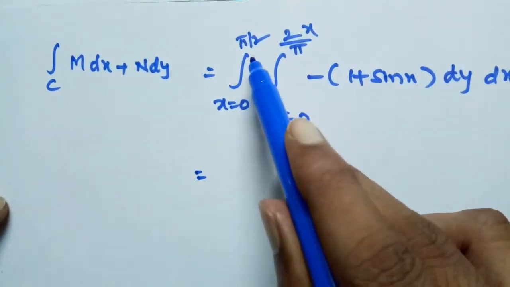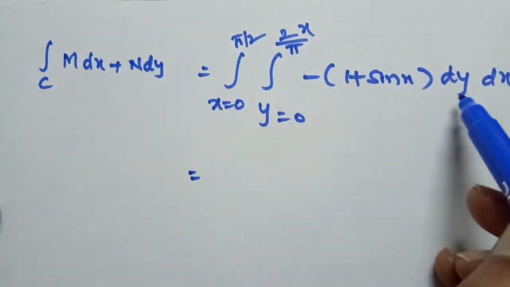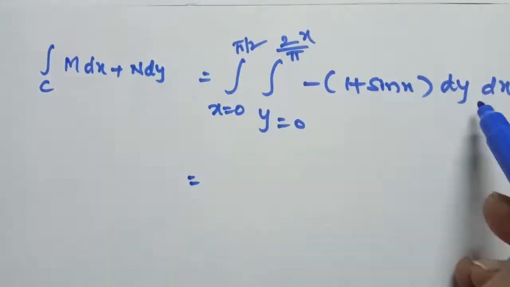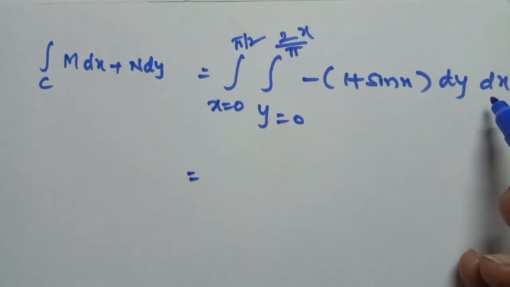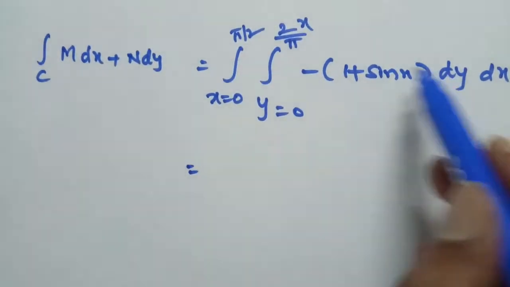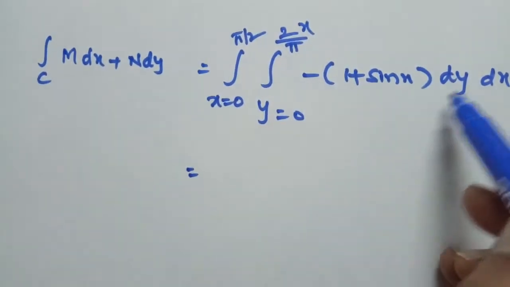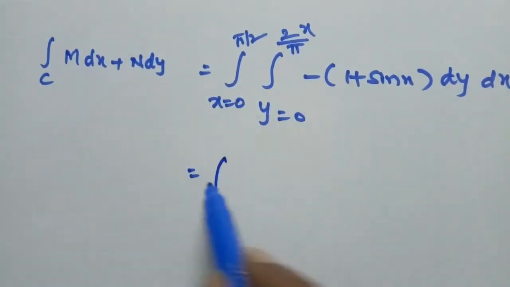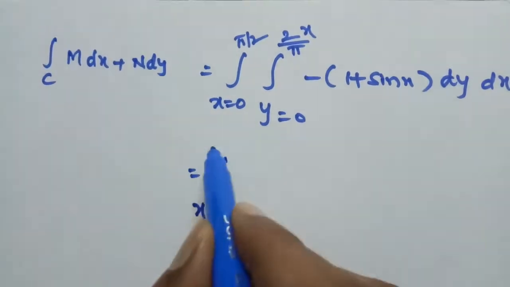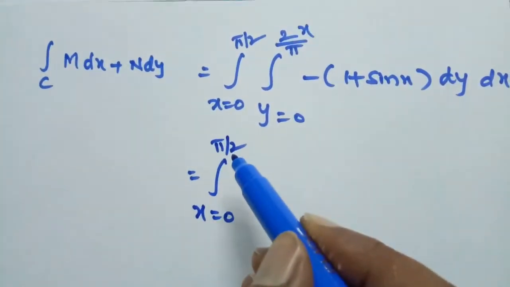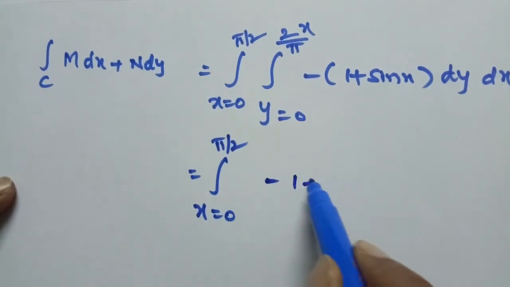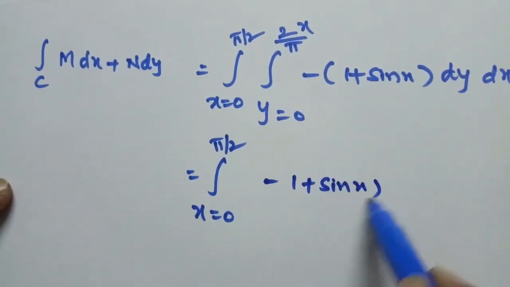Now integrating with respect to y first and then with respect to x, minus 1 plus sin x is a constant. Therefore, integral x is equal to 0 to pi by 2, minus 1 plus sin x is a constant.